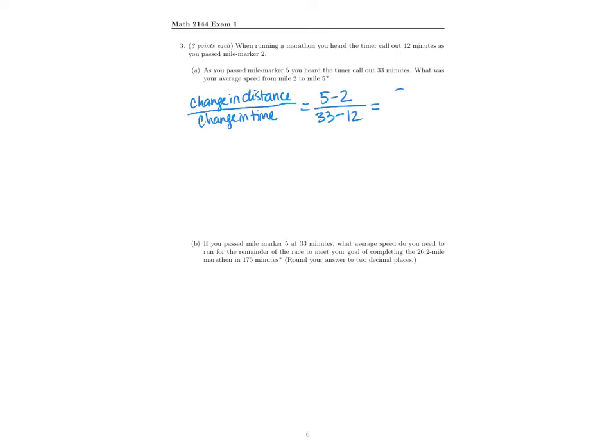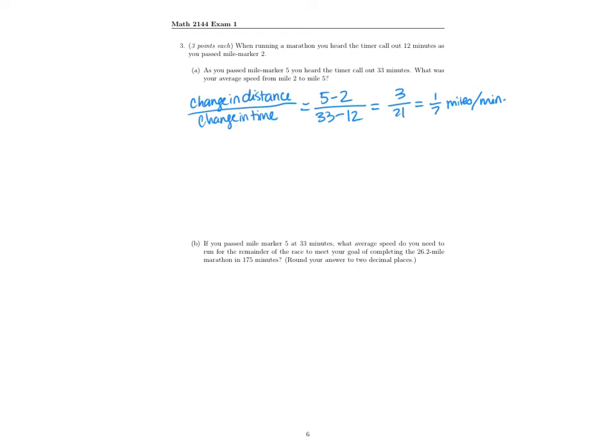So I end up getting 3 over 21, which I can write as 1/7. So what are the units there? That's miles per minute. So you're running 1/7 of a mile each minute. I guess you can convert that to miles per hour if you want, but anyway, there you go.